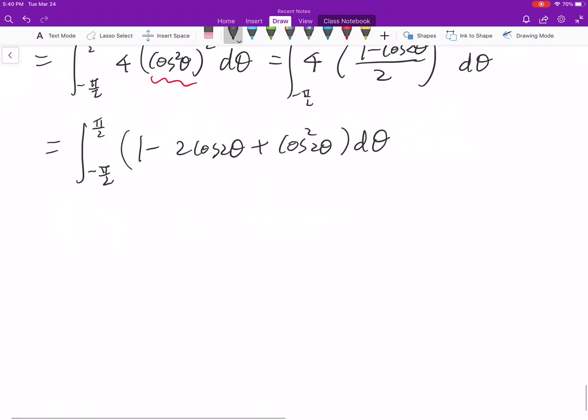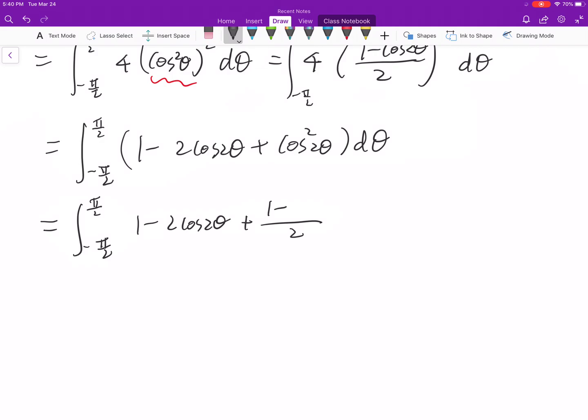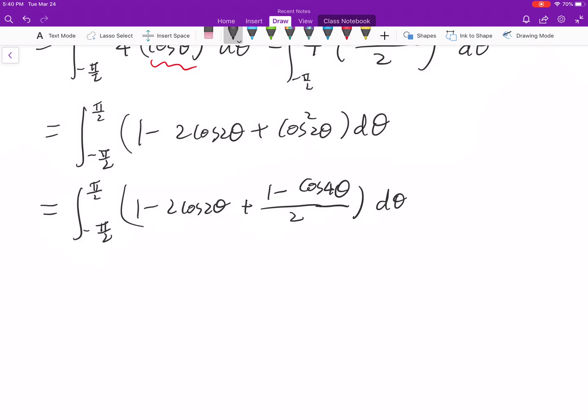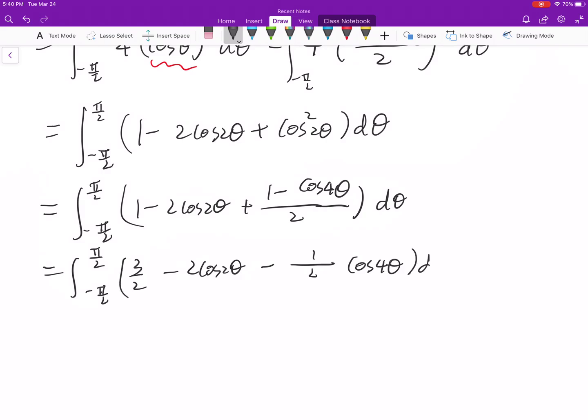For the first two terms, we are in good shape. For the last one, we use the trigonometric identity again. This is 1 minus cosine 4 theta over 2. And we collect terms. We have 3/2 minus 2 cosine 2 theta minus 1/2 cosine 4 theta d theta.